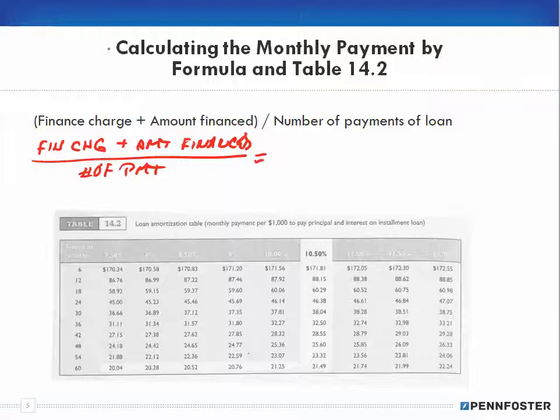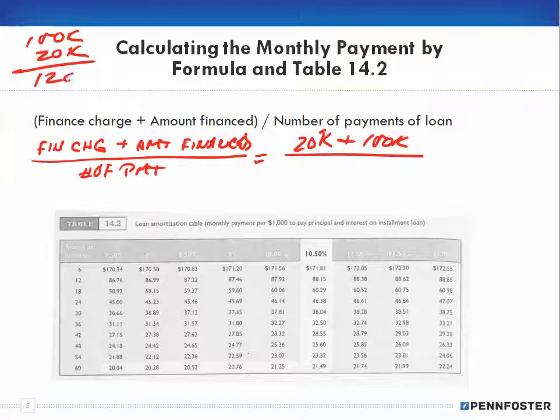If you think about it, let's just throw in some numbers here. If the amount financed was $100,000, and say it's at 20% interest, my finance charge would be $20,000. Well, 100,000 plus the 20,000 is 120,000.